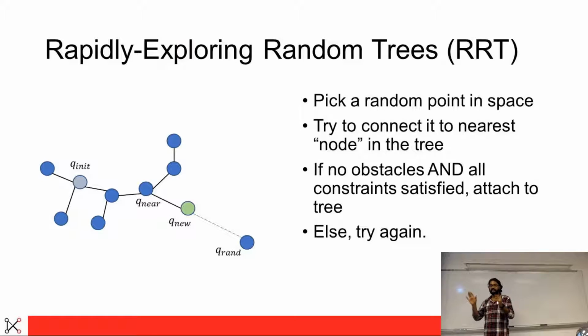If all of your constraints and obstacle avoidance are satisfied, you attach it to the tree. Otherwise, pick a new point and keep doing this iteratively until you have your tree from start to end. Super simple.